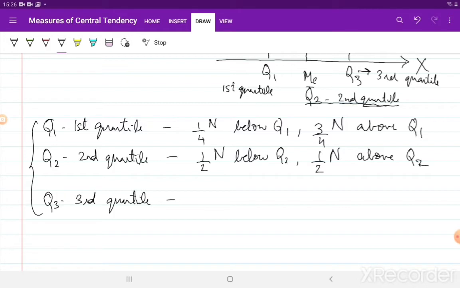Similarly, Q3 or the third quartile is the value below which 3/4 of the observations lie, and 1/4 of the total observations lie above this value.